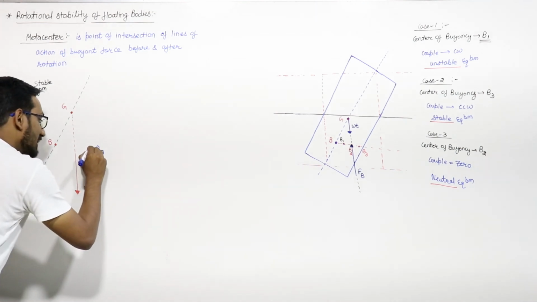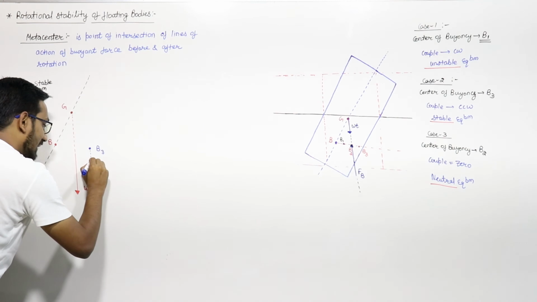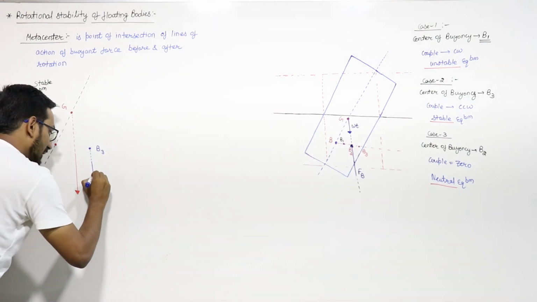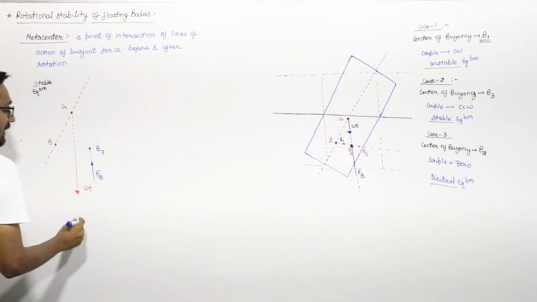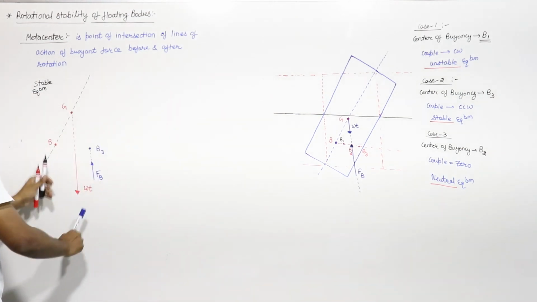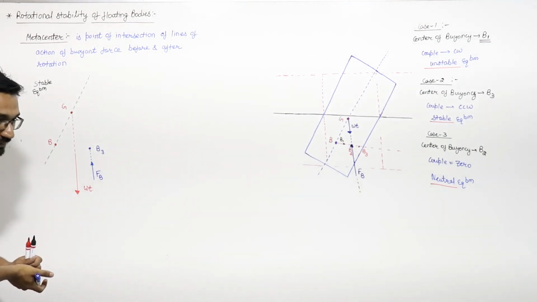From this B3 there is a buoyancy force acting in the upward direction, and it will give you a counterclockwise rotation, and the body will be in equilibrium.